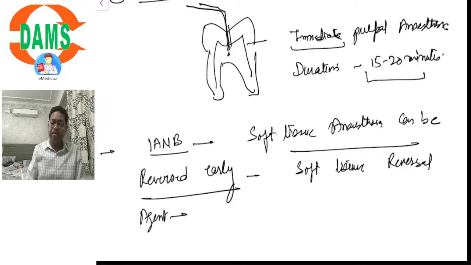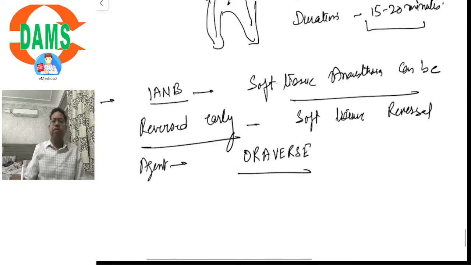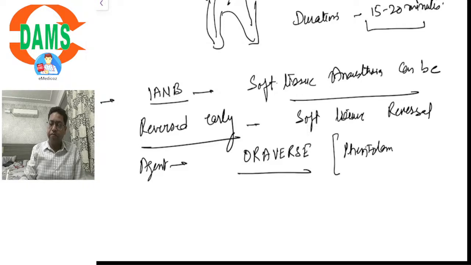What is that? That is commercially called Oraverse. Oraverse, basically, is a cartridge containing a chemical called phentolamine mesylate.